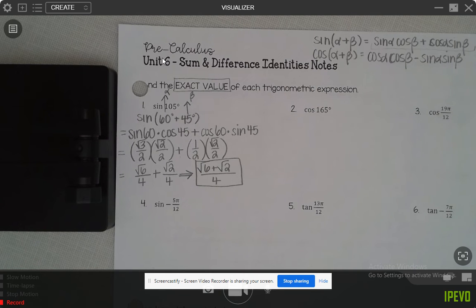Subtract, right? What's 165 minus 45? 120. Is that allowed? Do I only know 30, 45, and 60? No. Do you know what 2 pi over 3 is? Is 2 pi over 3 something that I could ask you on a speed quiz? Yeah? Second quadrant. 2 pi over 3 is 120 degrees.